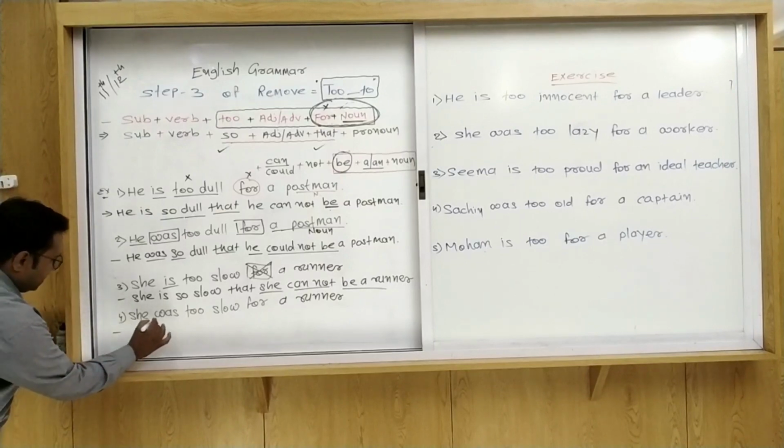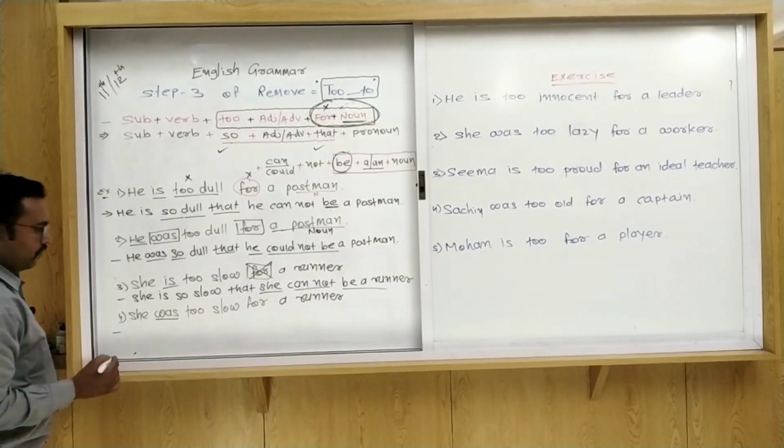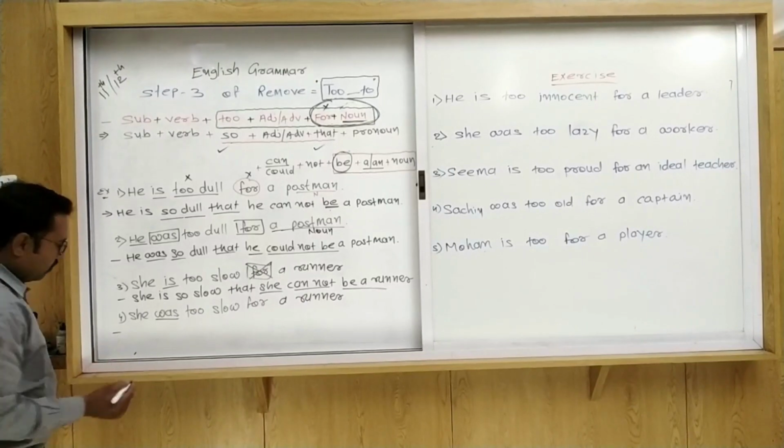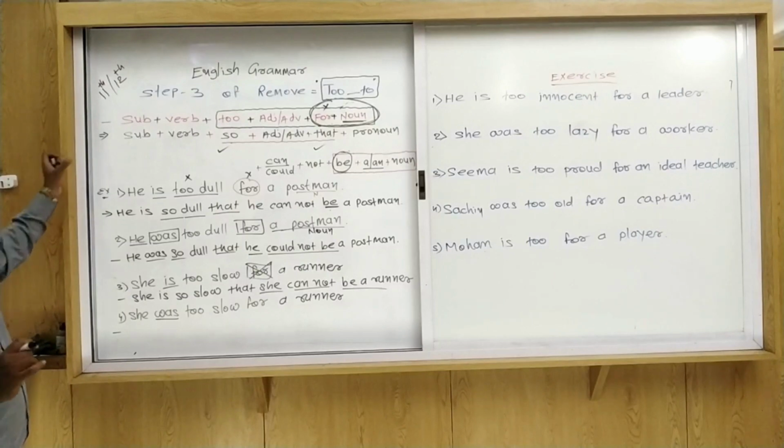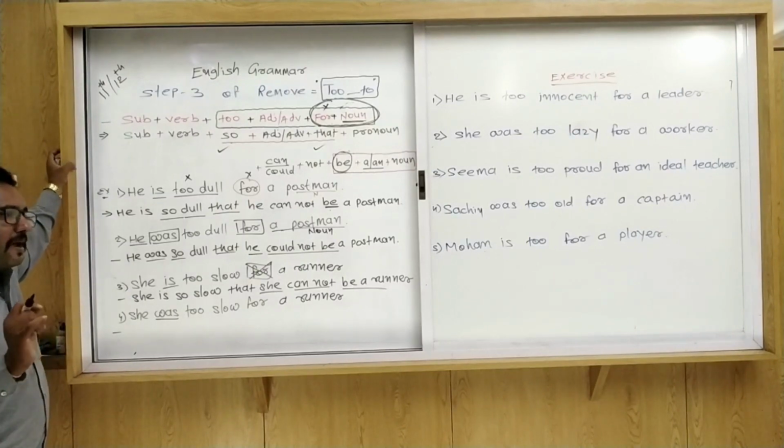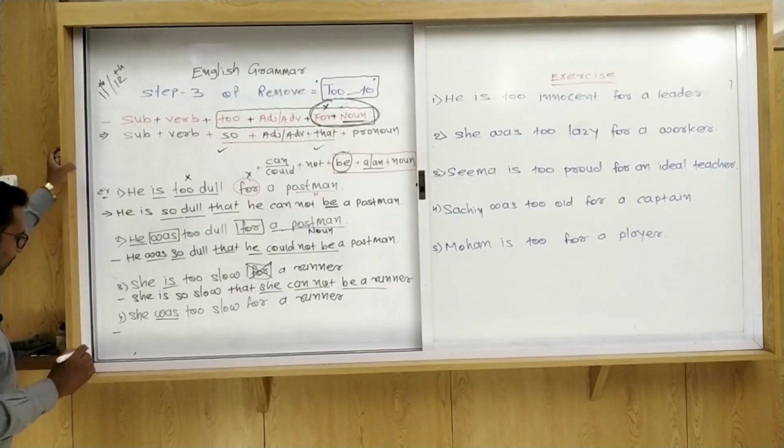Next one, she was too slow for a runner. Who is too slow? She was too slow for a runner. That means she was so slow that she is not able to be a runner.